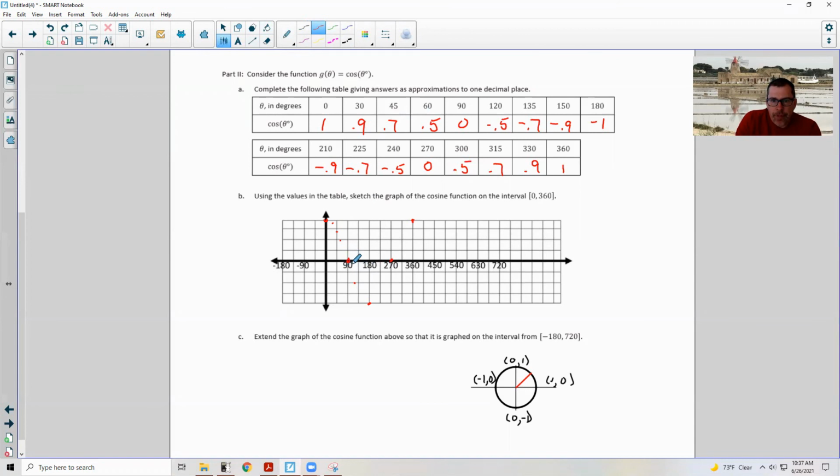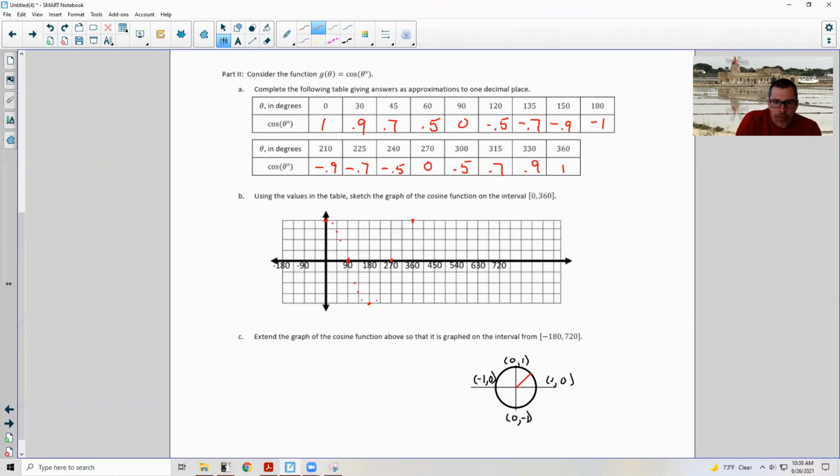And then 135 is 45 more than 90. So we're right on this line, -0.7. And -0.9 will be 2/3 of the way over this way, or 1/3 more, 0.9 right there. So it's curving, coming down to -1. Now it's going to turn and go back up, but it's going to repeat.